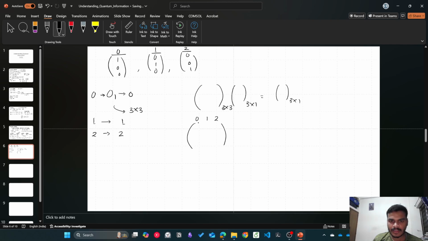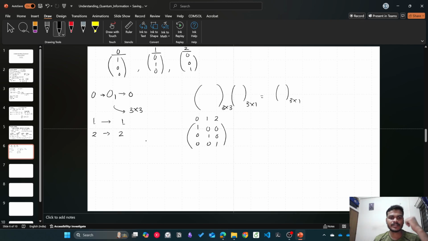This is our 0 and it is going to 0. So we have to write the output vector in the input place. This is how we give the input place 0, and we write the output vector, which is also 0. We write 1, 0, 0. Similarly, this is our input vector, and now our output vector is also this. Similarly, our input vector is 2 and the output vector is also 2. So we'll write the output.